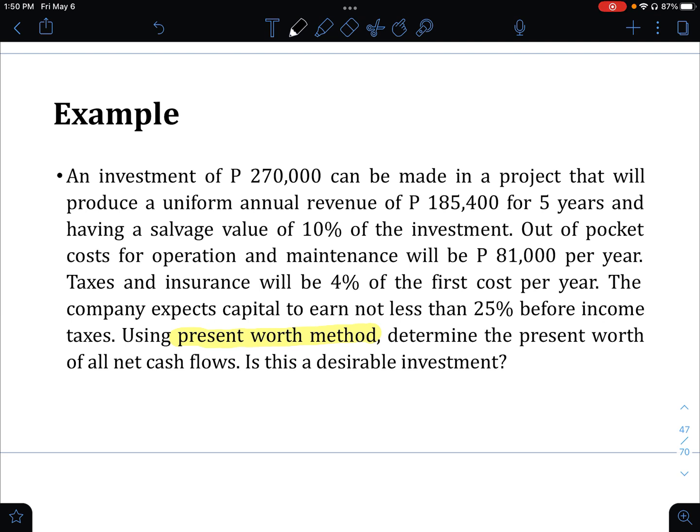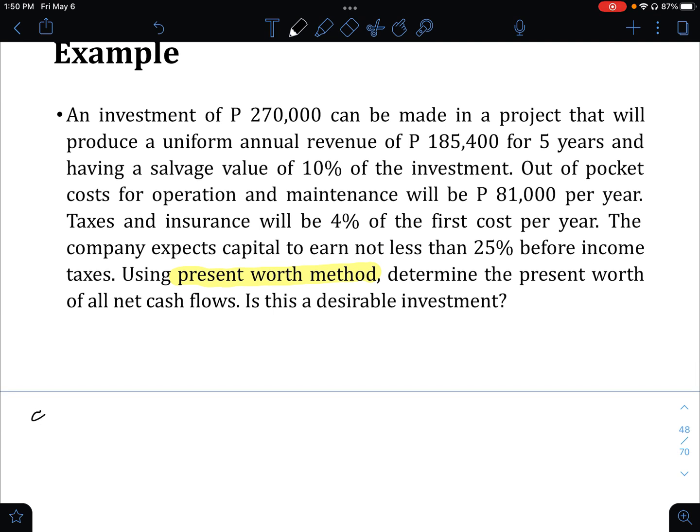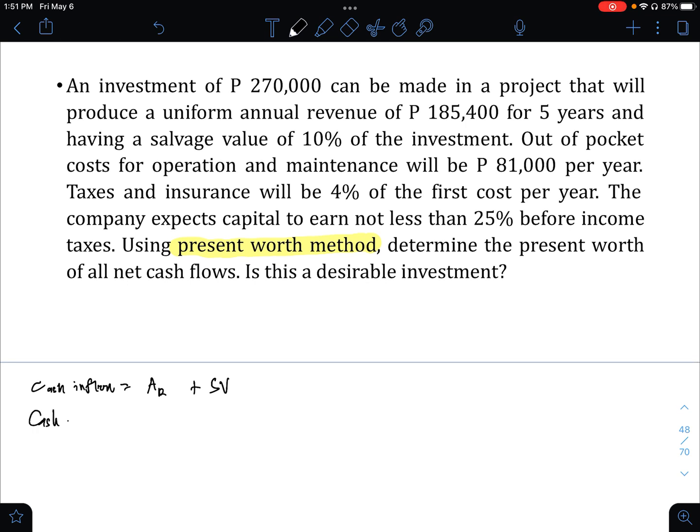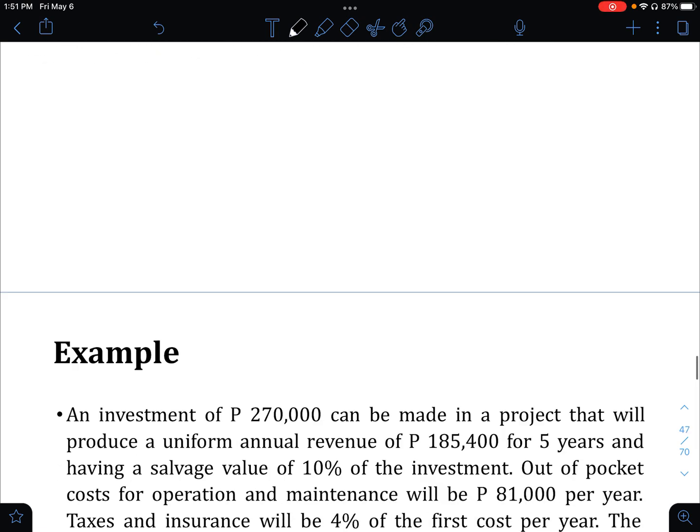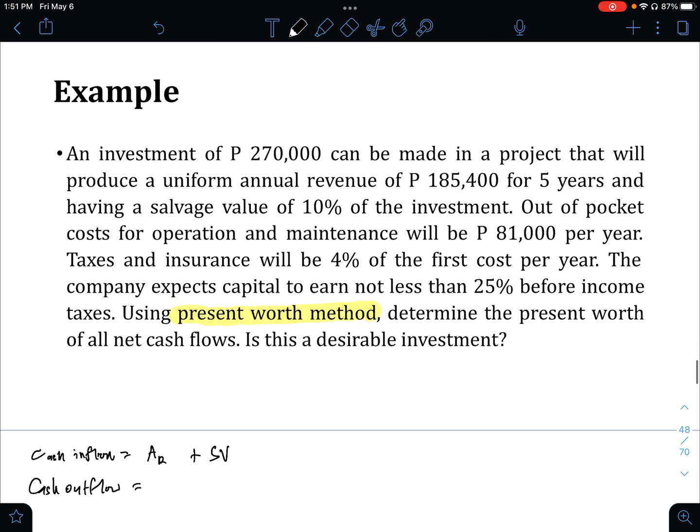So, cash inflow po dapat natin dito. Kasali po si annual revenue and the salvage value or the scrap value. Sa cash outflow po naman, depreciation is not included. So, wala si depreciation. Di ba kanina, kasali si depreciation. So, today, sa present worth method, hindi po siya kasali.